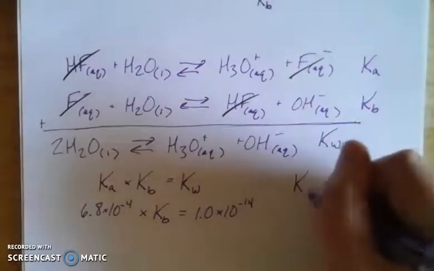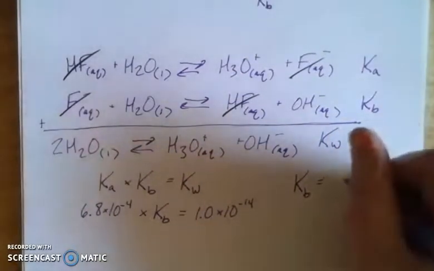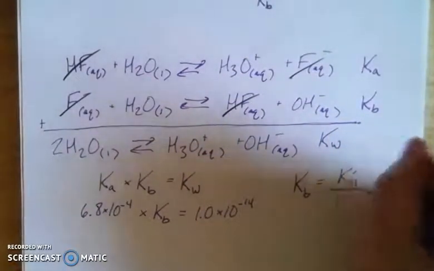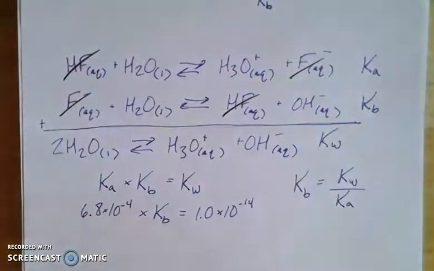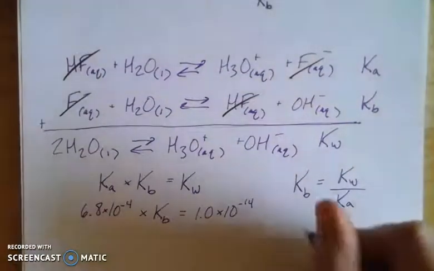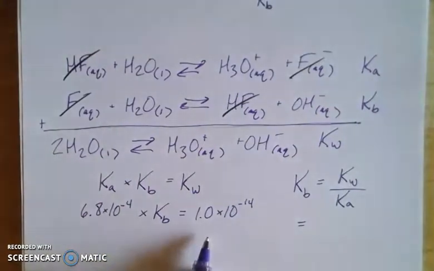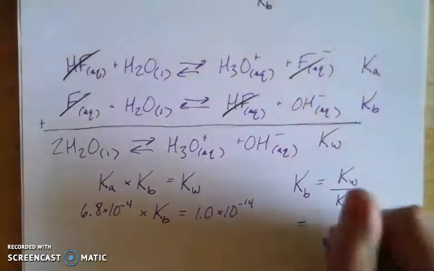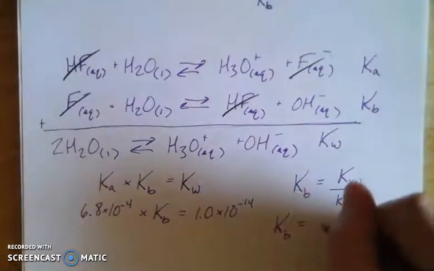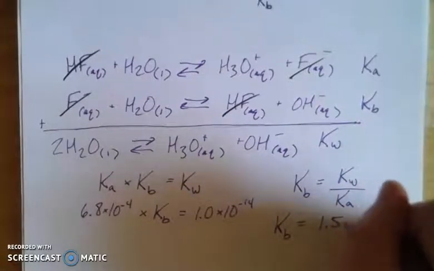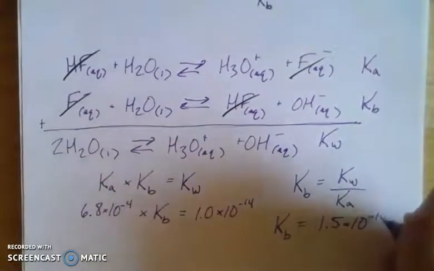So again, rearranging and solving, we have our Kw divided by our Ka, which again is lookupable. Then we plug in our values, and we're left with a Kb value equal to 1.5 times 10 to the negative 11th.